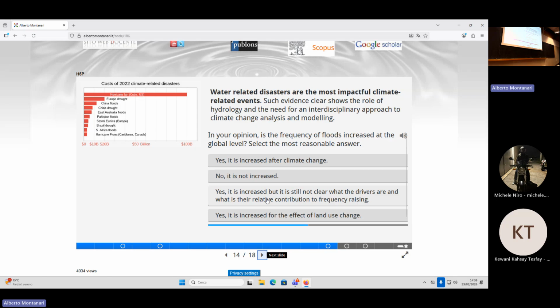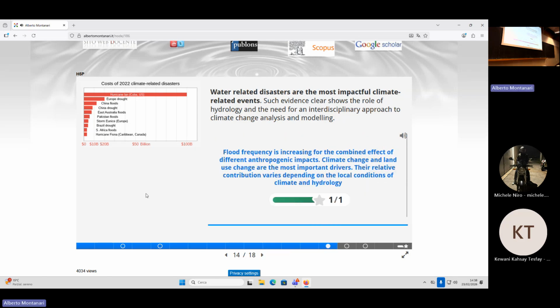here, the answer to the question about the reasons why the cost of natural disaster is increased is this one. It is not clear if the increase is caused by global climate change rather than the increased value of human settlements, because the risk, the impact is measured in terms of economic losses or losses of intangible assets like the human life.